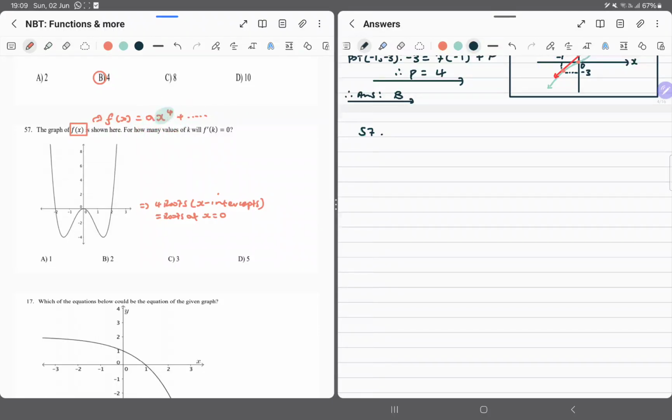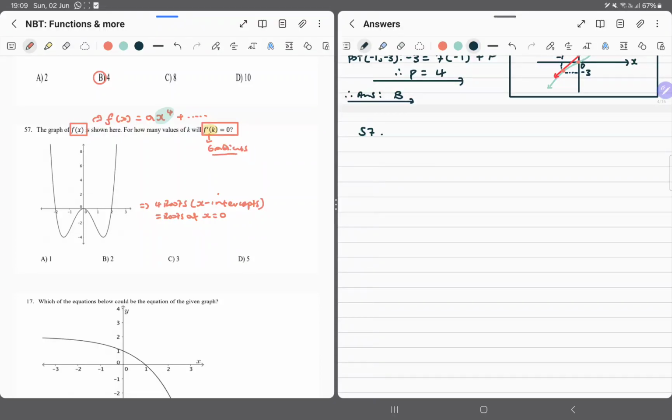All right. Great. Now, we are told here, for how many values of k will f prime of k be equal to 0? So we know that the first derivative function speaks about the gradients, right?